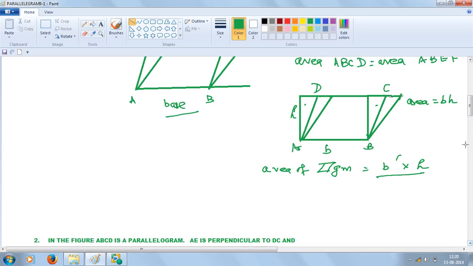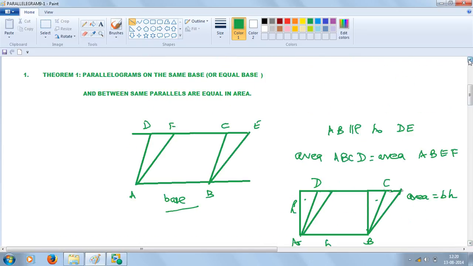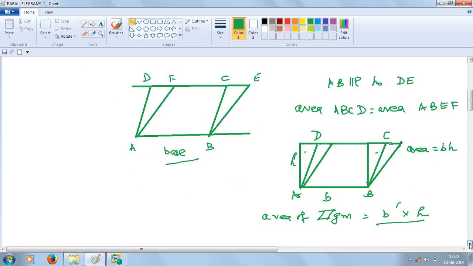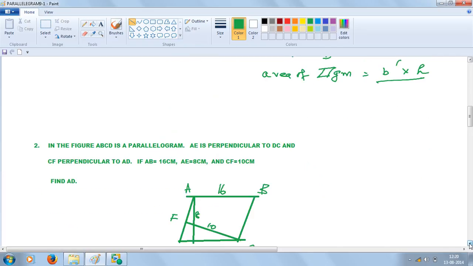So the theorem is: parallelograms on the same base or equal base and between the same parallels are equal in area and the area is equal to base times height. So we'll go to the next theorem.